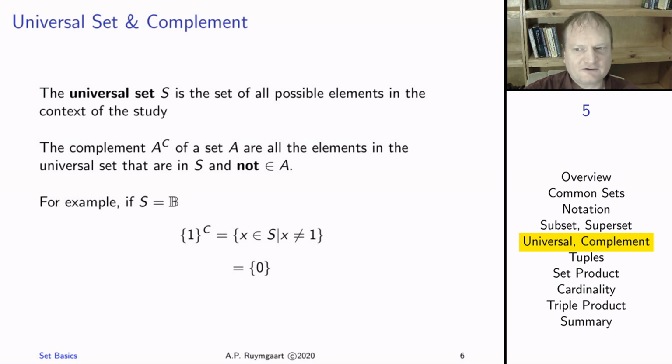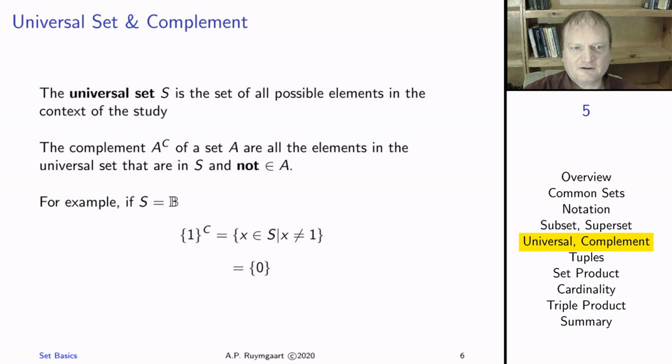And if we're working with natural numbers, typically the universal set is the set of all natural numbers, N. It could be something else depending on the context of the study, but typically it is the domain of the number system we are using. The complement of a set A is the set of elements in the universal set that are not in A.